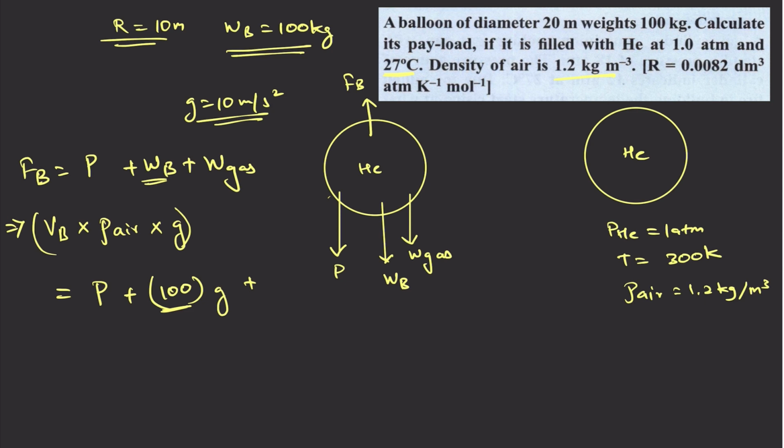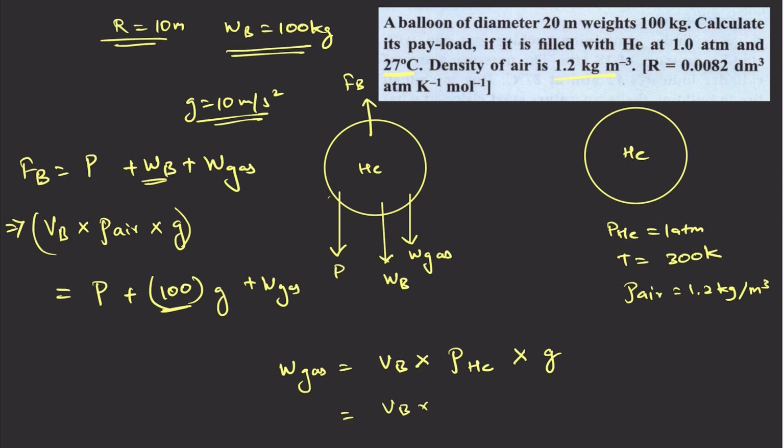The weight of the gas can be calculated like this: weight of the gas will be equal to volume of the balloon into density of helium gas multiplied by the acceleration due to gravity.